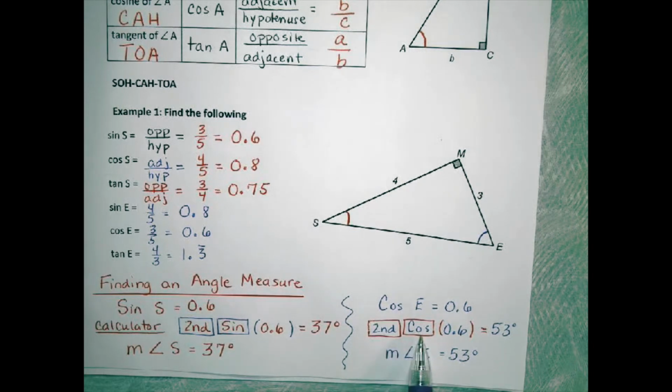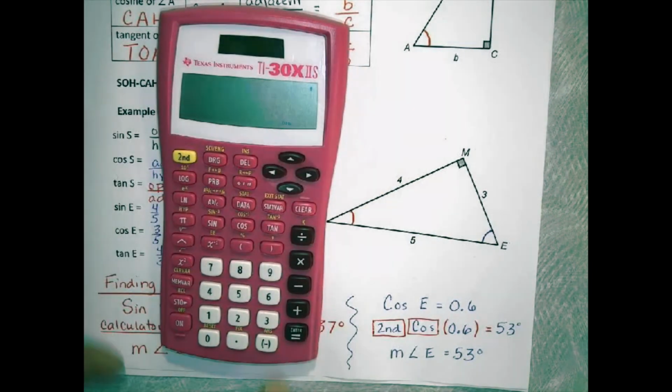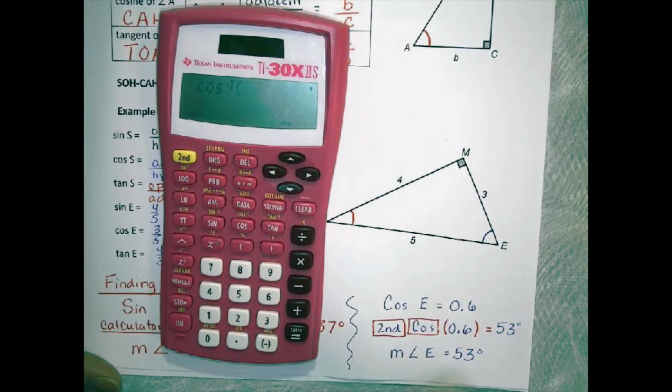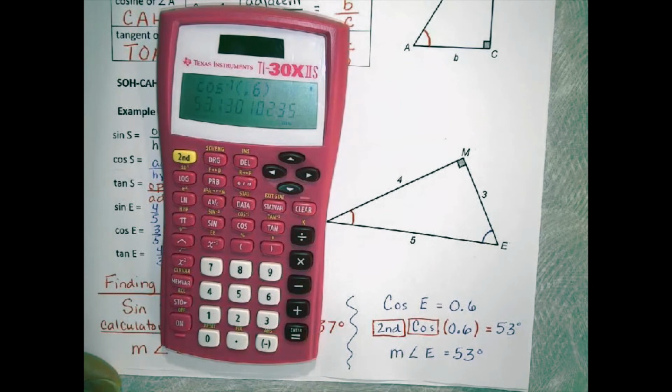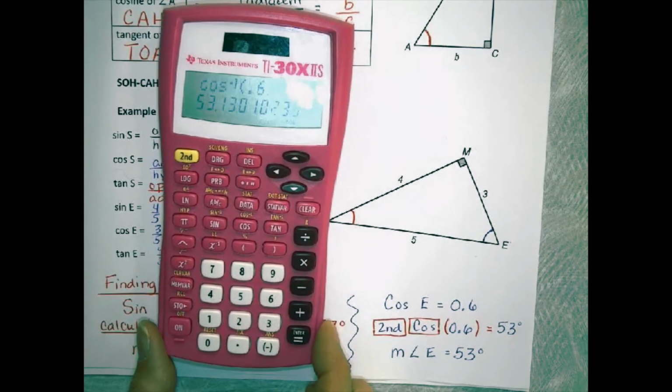So here's my calculator, and I have second cosine 0.6, close the parentheses and hit equals, and I get 53.130, and it goes on, and I would round that to 53 degrees.